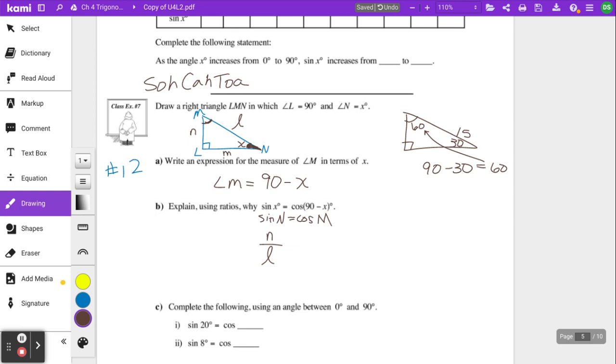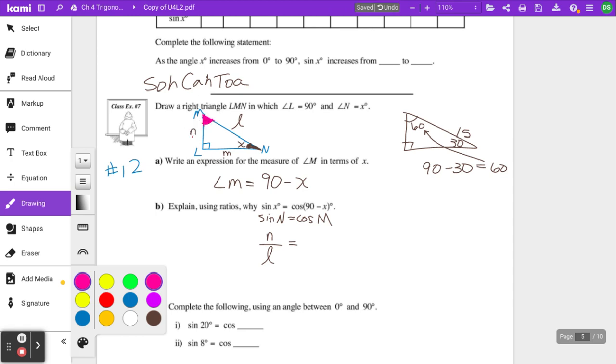Okay, now let's switch angles and let's talk about angle M up here at the top. Let's talk cosine. Cosine, according to my SOHCAHTOA, is the two sides that will be in ratio to each other are the adjacent side and the hypotenuse. What side is adjacent to angle M?